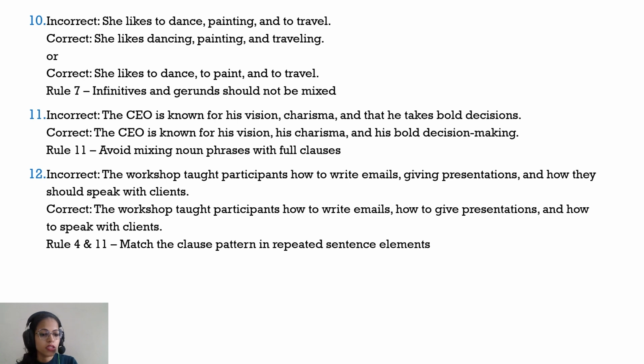A very enriching workshop, but the statement here is wrong. The workshop taught participants how to write emails, how to give presentations, and how to speak with clients. So we have to match the phrases.